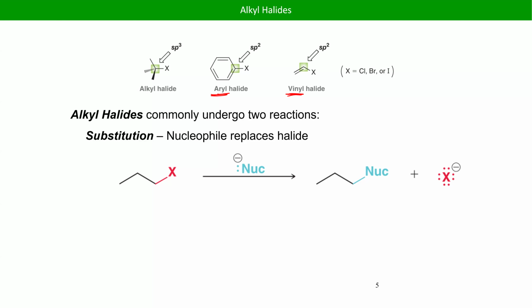You just replace the halogen with something that's a better nucleophile, that is better at attacking positive charges. And your net reaction is always going to look the same. Your halogen leaves and you replace it with a nucleophile.